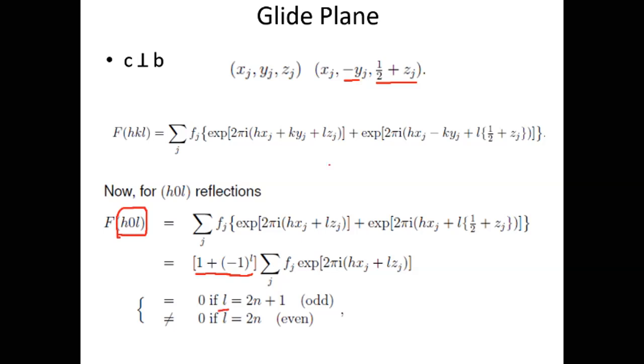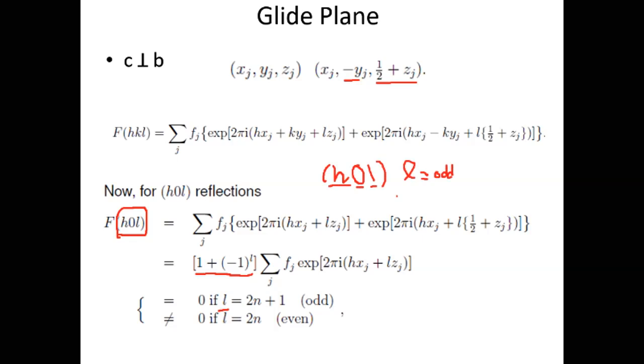So we have the H0L reflection, and the condition is L has to be odd. That tells us that H has no change in its sign, K had a change, and L, there was translation.